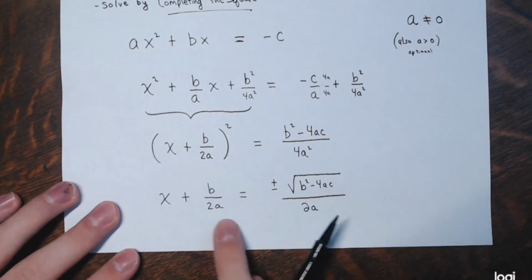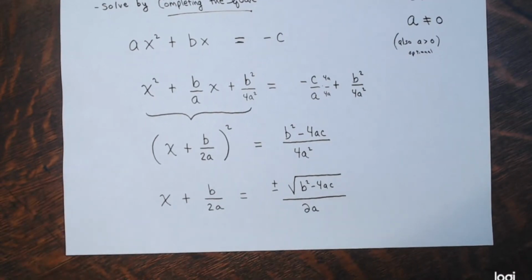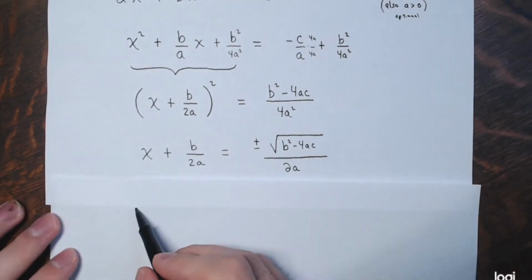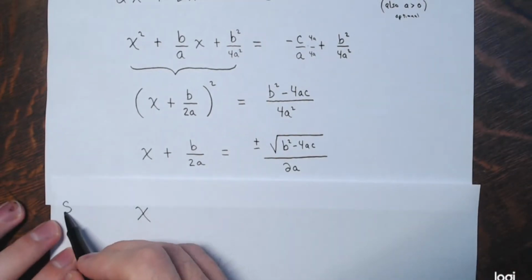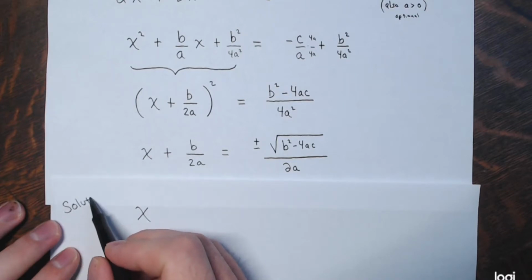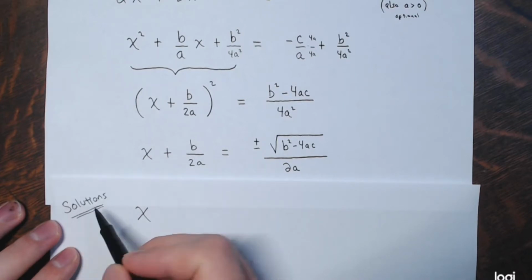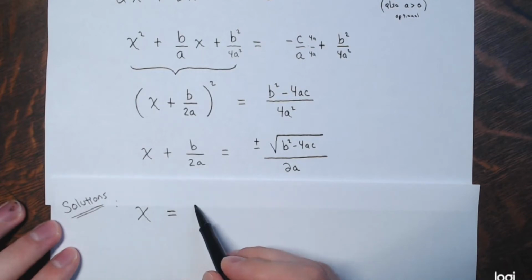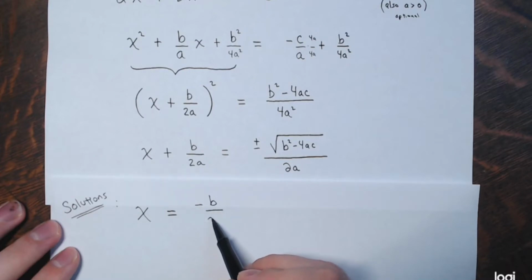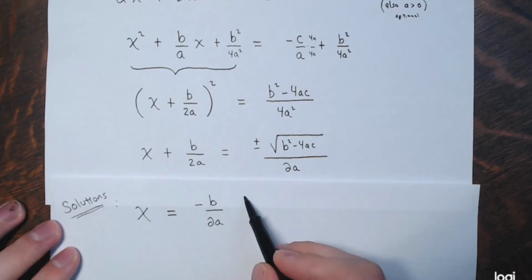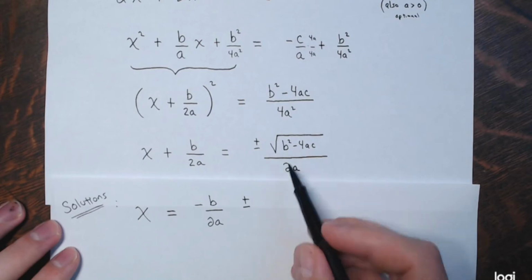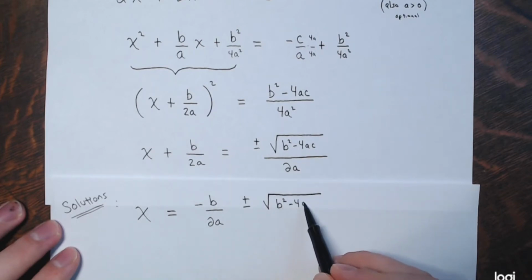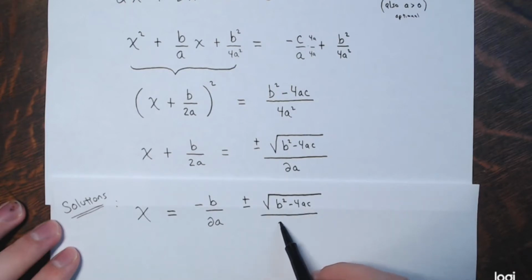And then finally, get x alone by subtracting b over 2a. And we get finally the solutions of our quadratic equation that started off in standard form. X equals negative b over 2a, then plus or minus, and then this expression here, right, the square root of b squared minus 4ac divided by 2a.